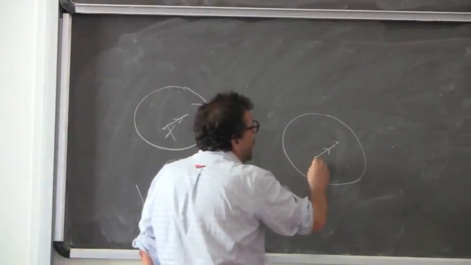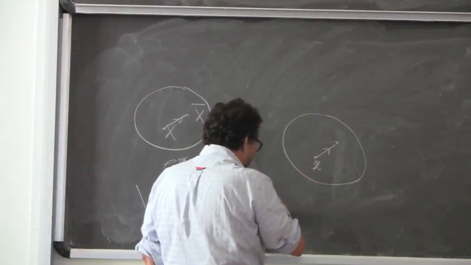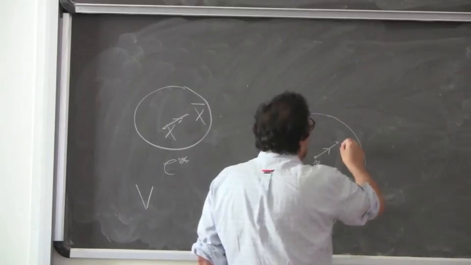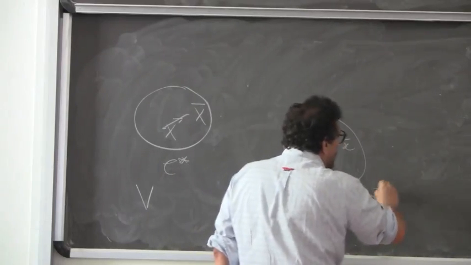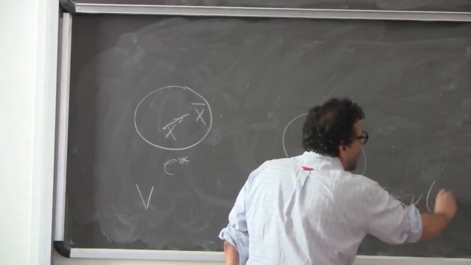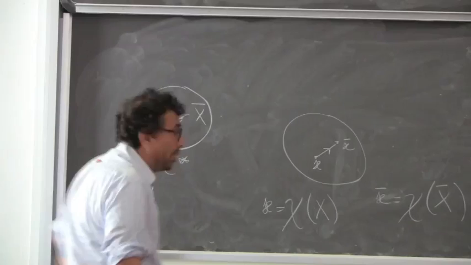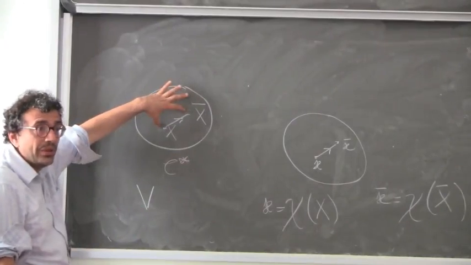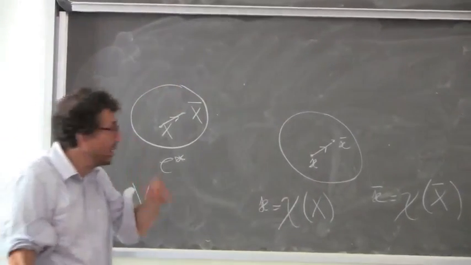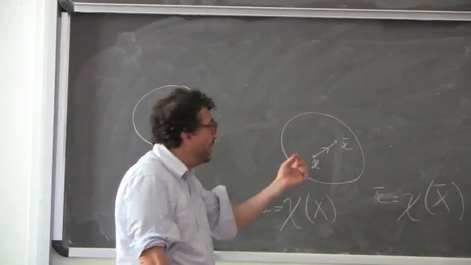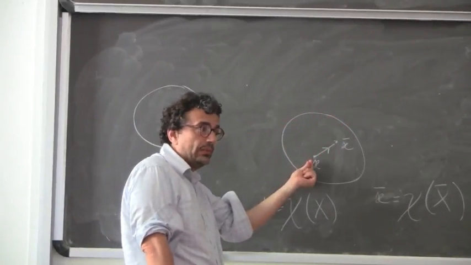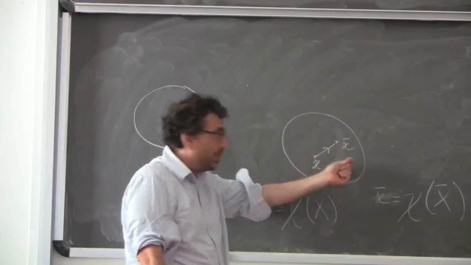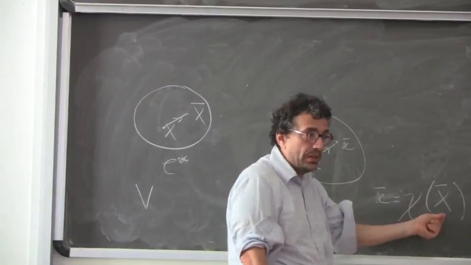So small x is the position of capital X, and small x bar is the position of capital X bar. You have to understand that this is a segment of material particles, and this is a displacement between the position of capital X and the position of capital X bar.